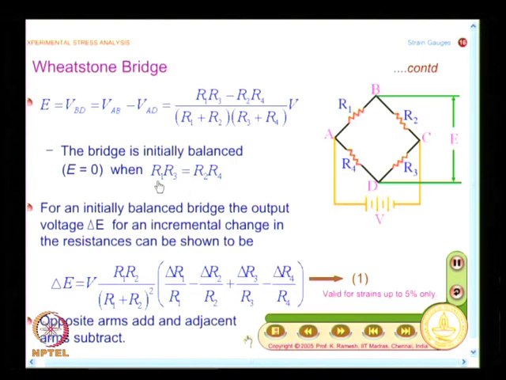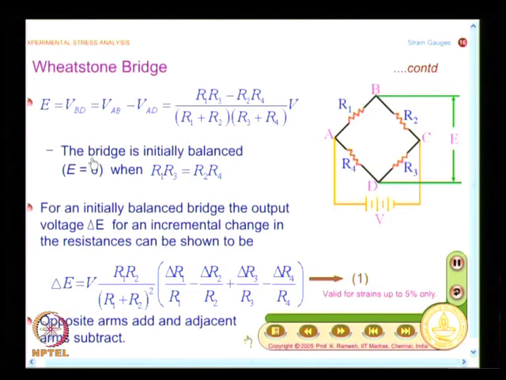What should be the individual values of R1, R3, R2, R4, which would give me an optimal response of the Wheatstone bridge? I would like to have an optimal response, because I am measuring a very small quantity. So, I must look for every single effort to maximize the signal.